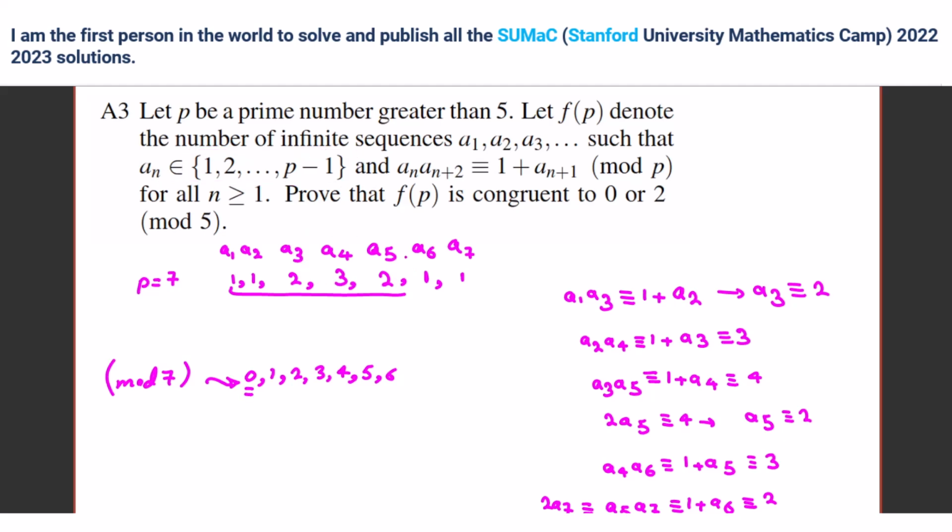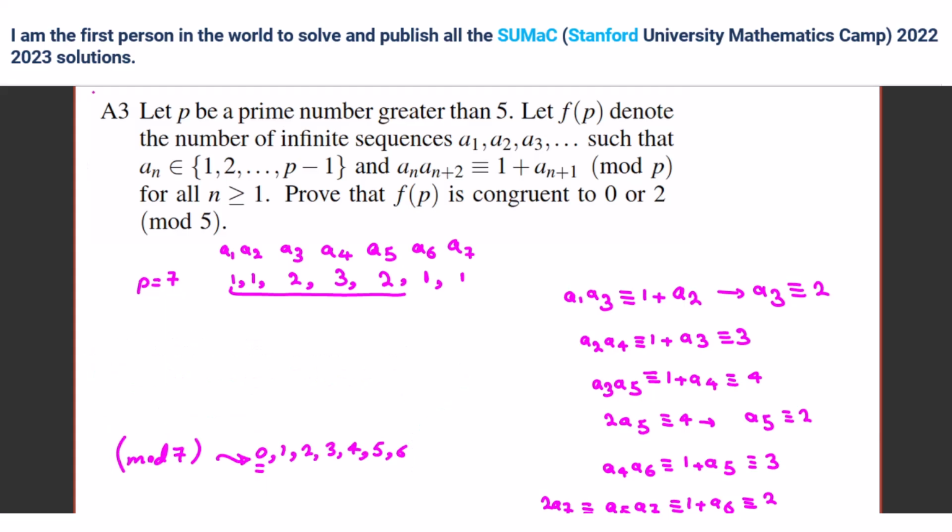If we reach 0 for one of them, it means that sequence is bad, right? So, for example, if A1 is 1 and A2 is 6, then A3 is 0, and this sequence is bad, right?